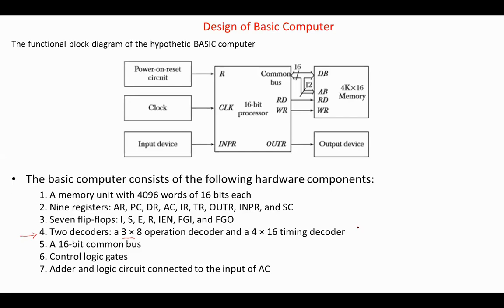And the timing decoder 4x16 used to generate 16 timing signals, T0 through T15. The decoders are standard components similar to those presented in chapter 2. The 16-bit common bus can be implemented using multiplexers or 3-state elements.